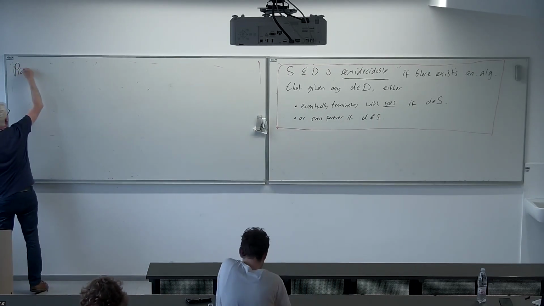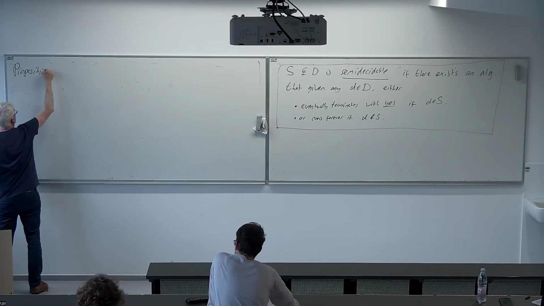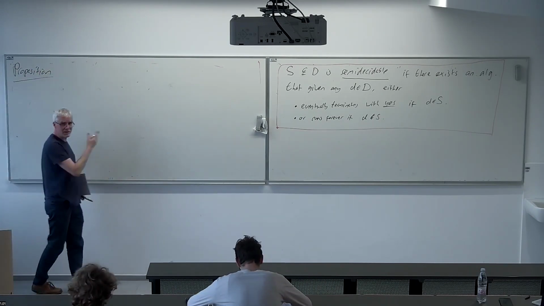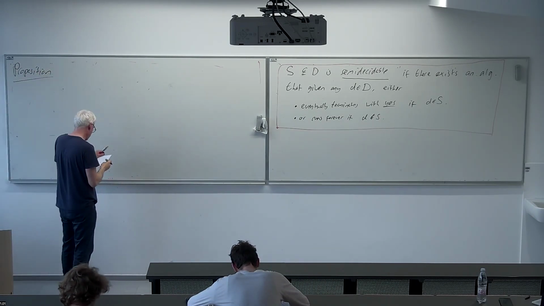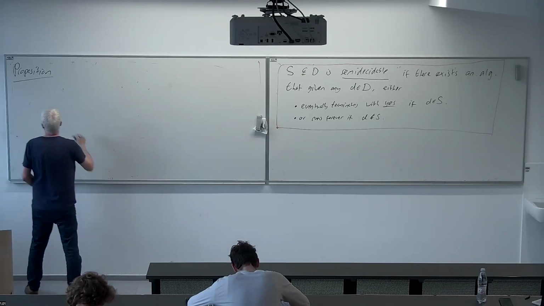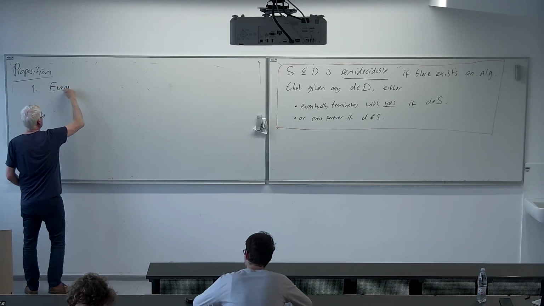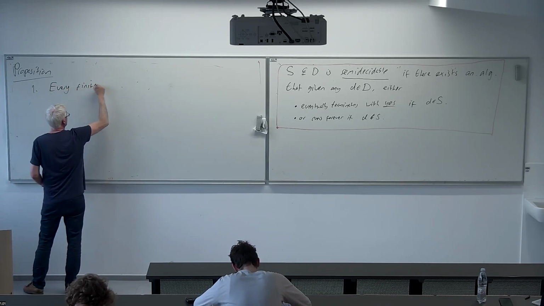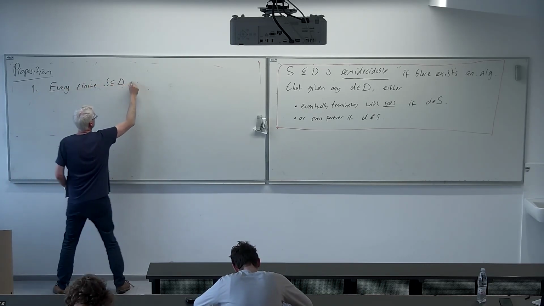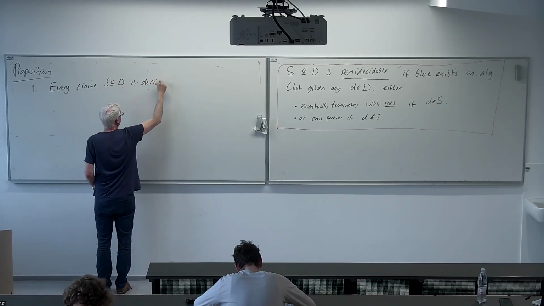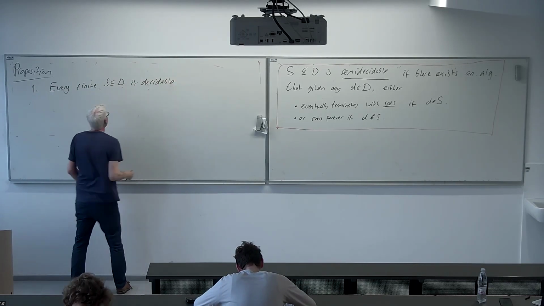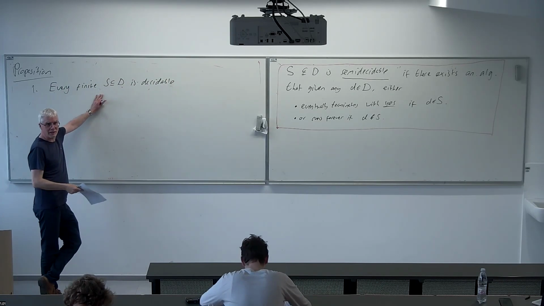The proposition, which for those of you who've done computability theory, you'll know this stuff very well. But firstly, every finite set is decidable. Why? Well, if it's a finite set, there are finitely many elements.